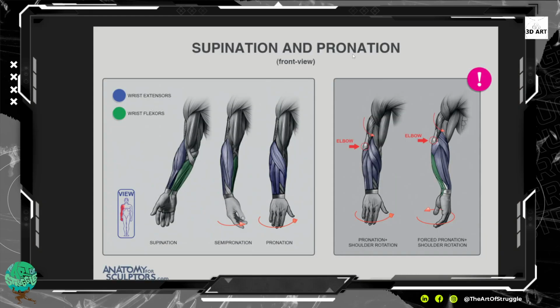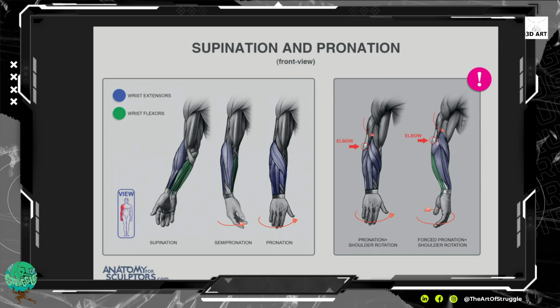All right? So supination and pronation, all right? That's the front view and the back view of your hand or your arm in general. So if you're looking at it from the front, right, this is what you should see with your palm facing out, right?